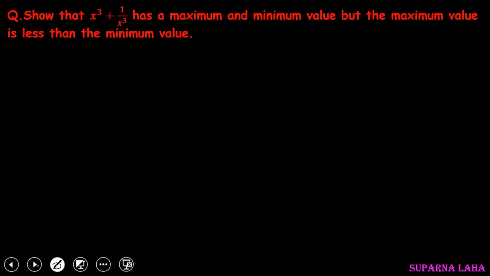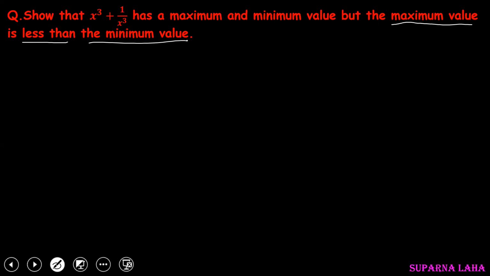So here's your next problem. Show that x cube plus 1 upon x cube has a maximum and minimum value, but the maximum value is less than the minimum value. So our first work is to find the maximum and minimum value.